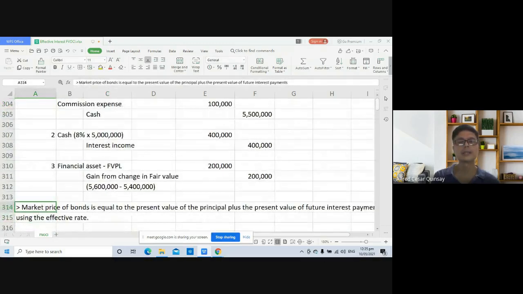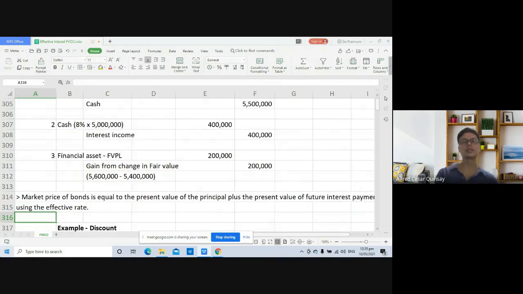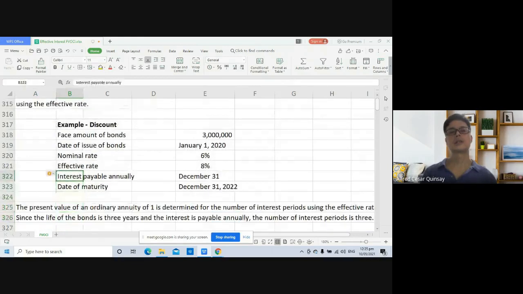Okay, now market price of bonds is equal to the present value of the principal plus present value of future interest payments using the effective rate. So let's take another example. Ito naman, discount. So the face amount of the bond is 3 million.